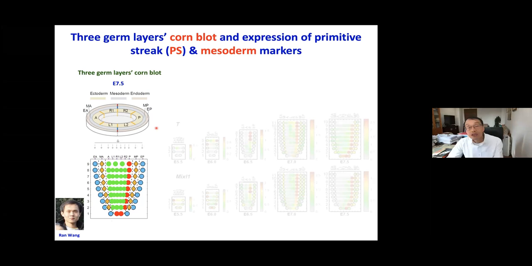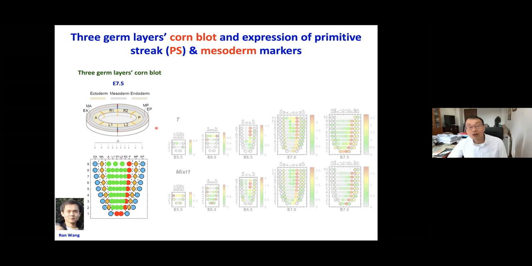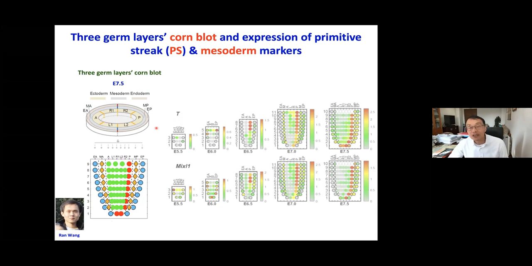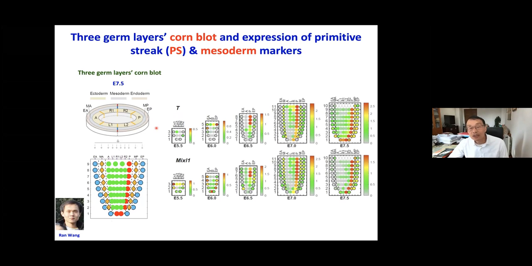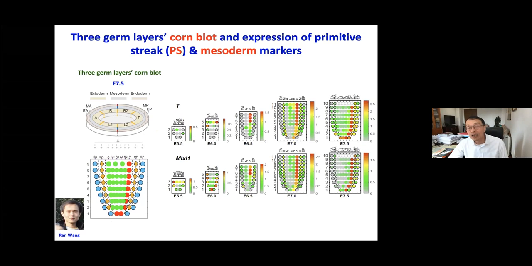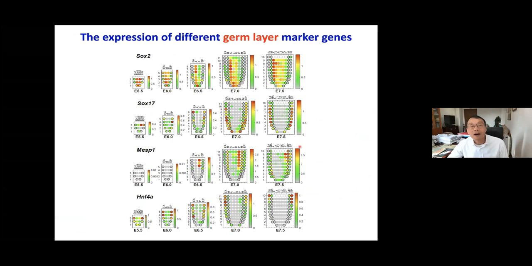Then we can see T gene expression in the proximal region, the posterior of the primitive streak, and also MixL1, also from the posterior region. Other germ layer markers: SOX2 is ectoderm and anterior markers, and SOX17 is an endoderm marker. You can see it's mostly expressed in the outside endoderm layer.